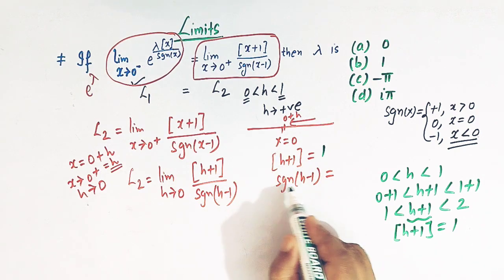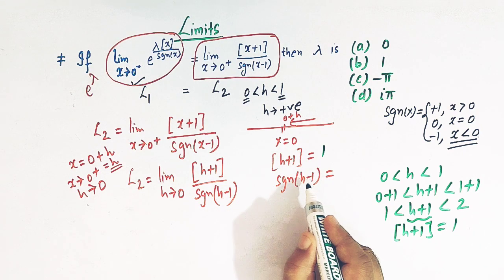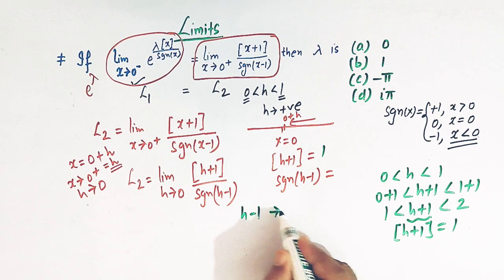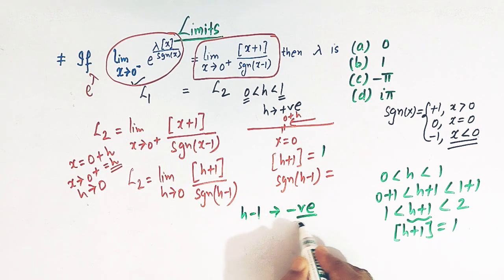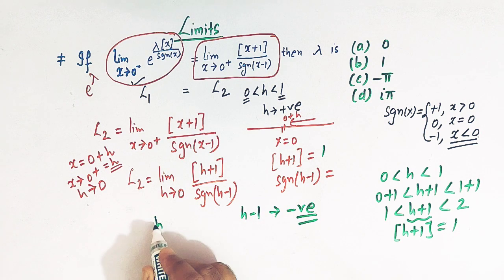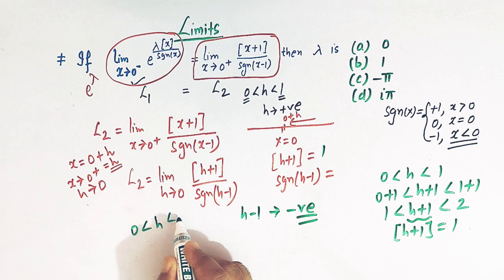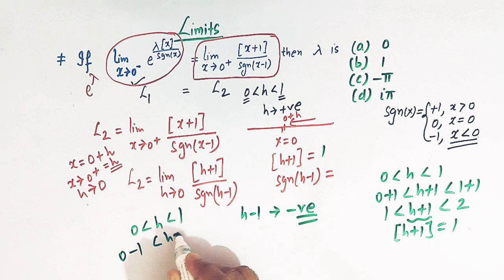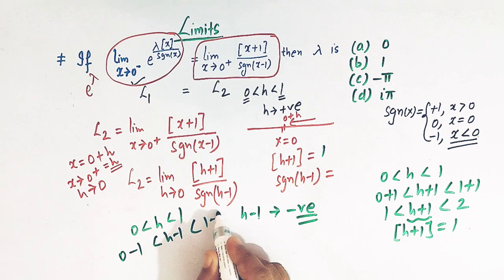And here we have signum of h minus 1. Now see, h minus 1 is always a negative quantity. Why? Because h lies between 0 and 1, and if we subtract 1 throughout, we get minus 1, then h minus 1, and 1 minus 1.